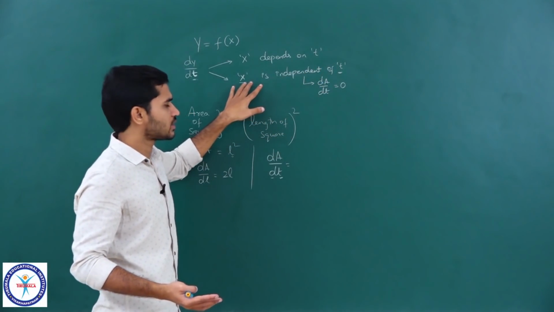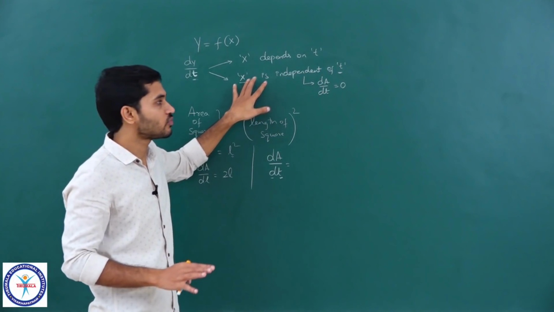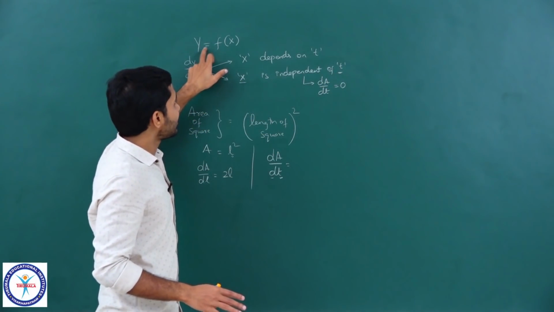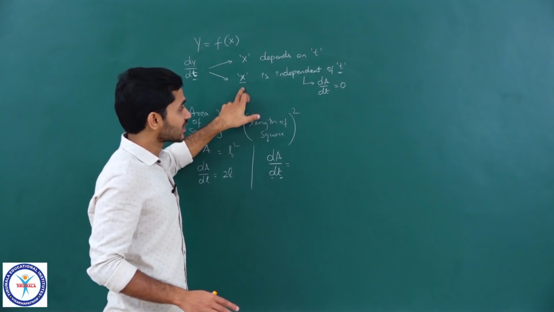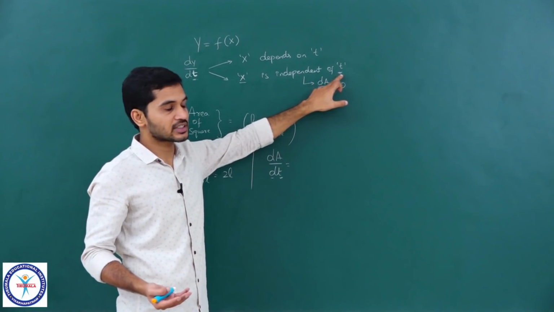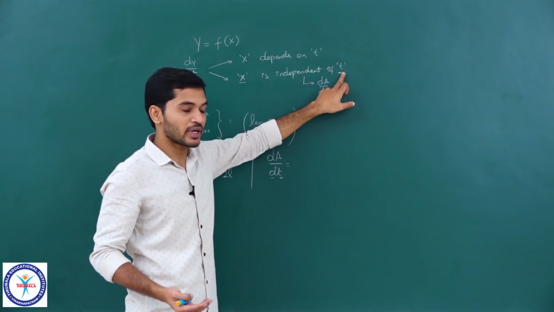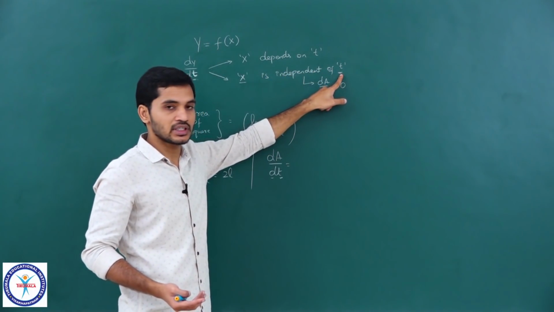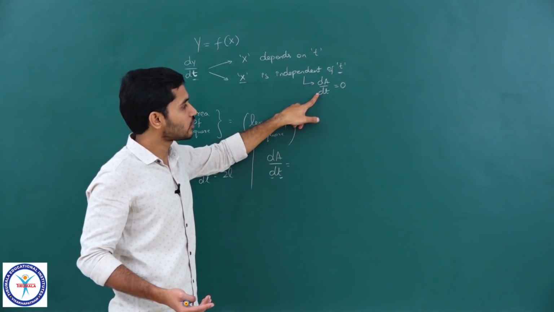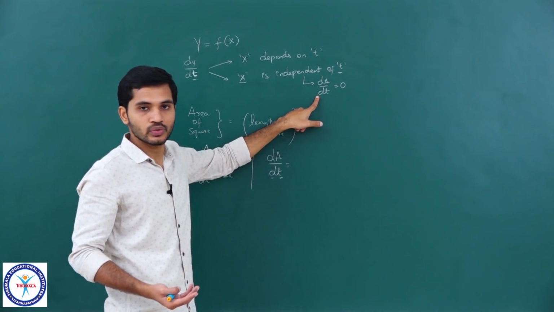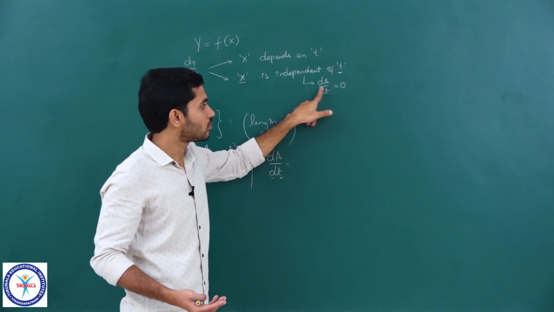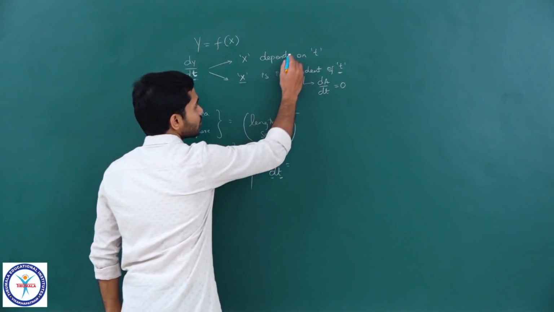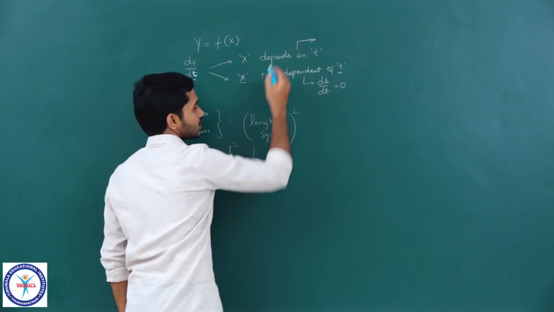Even if t changes, x is the same x, it is not changing with t. Because y depends on x and x does not depend on t, it means that y does not depend on t. So, when y has no relation with t, what is the value of dA by dt? 0. Why? Even if you change time, A will not change. So, dA by dt will be 0.